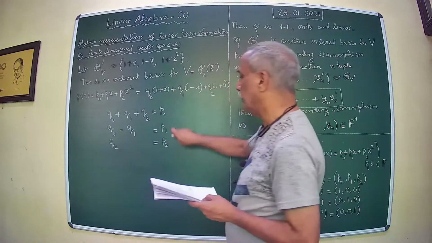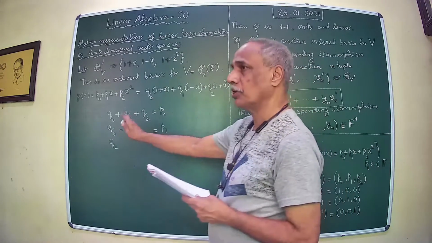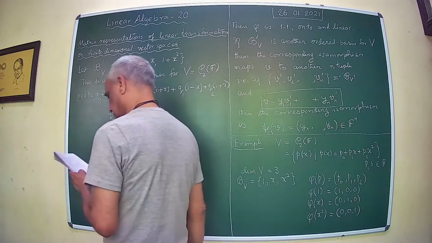So p0, p1, p2 are given and q0, q1, q2 are to be determined.